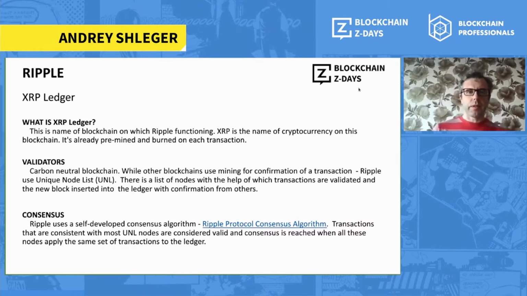So what is Ledger? Ledger is the name of the blockchain. In other blockchains it's named blockchain, in Ripple it's named Ledger. This has similarity with other blockchains in the meaning of the transaction, but there is a completely different consensus algorithm, with completely different methods of validating transactions.